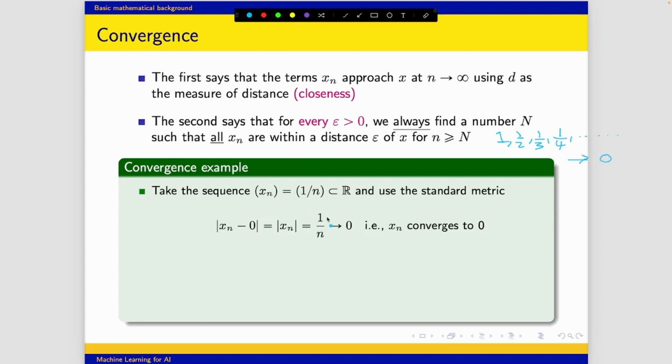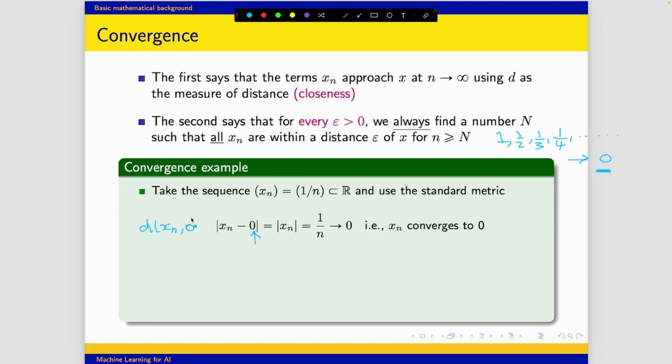Right? So let's make this formal according to our definition. So this number 0 must be the limit here. That's the limit. So xn, let's measure the distance between our limit 0 and xn.